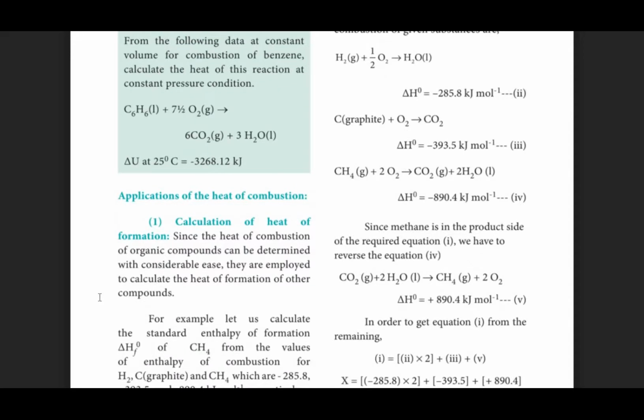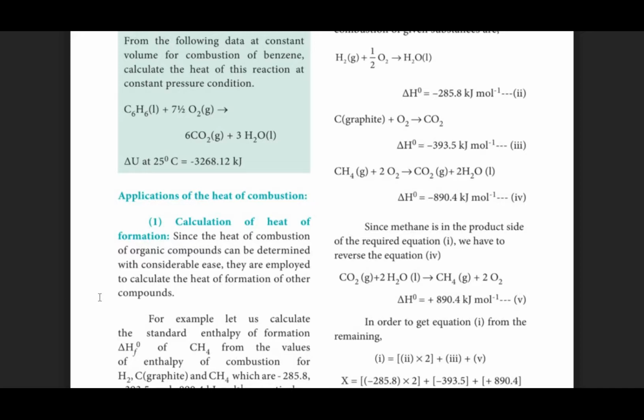Since methane is on the product side, the required equation we have to reverse, that is, the product is converted into the reactant and the reactant into the product. So CO2 plus 2H2O gives CH4 plus 2O2.